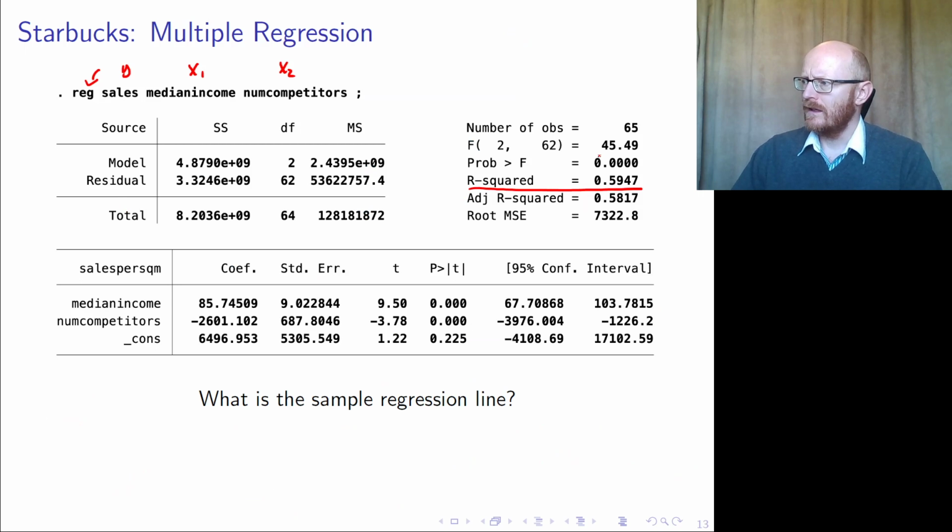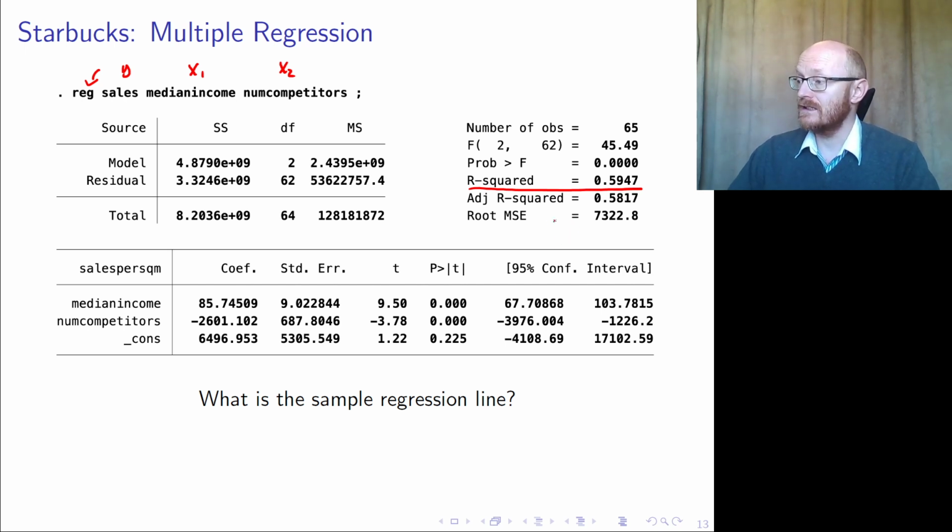And here, by using both these explanatory variables, we can actually explain more than the sum of the simple regressions could do. So now we can explain almost 60% of the variation in sales per square meter by using these two explanatory variables.